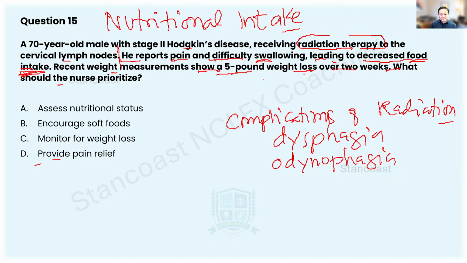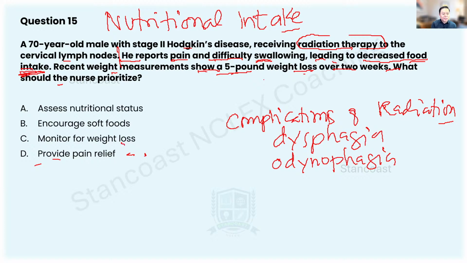Pain relief. Yeah, it is also important, but will it be as immediate as adjusting the diet? No, it will not be as important. Okay? Important, but not as immediate as adjusting the diet.